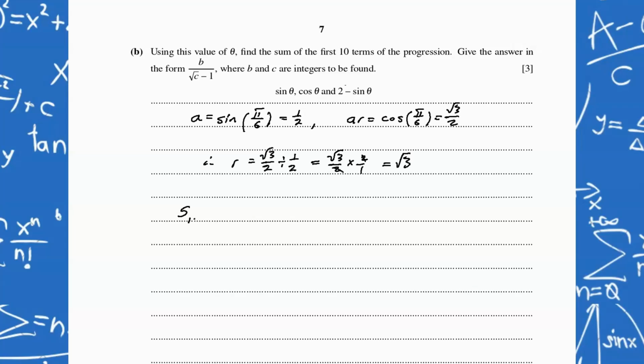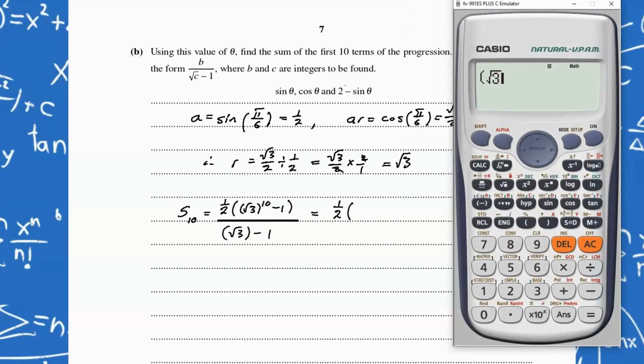So that's the sum to 10, and we know that R is greater than 1. So we're going to use the formula A, which in this case is a half, of root 3 to the power of n, which is 10, minus 1, over root 3 minus 1. So this gives us half of, and root 3 raised to the power 10 will give us 243.